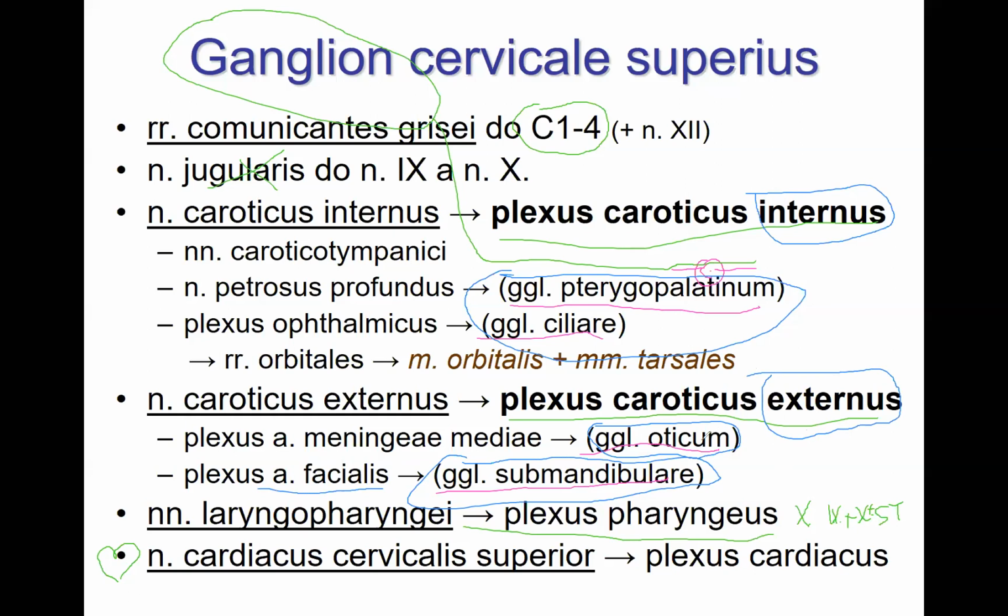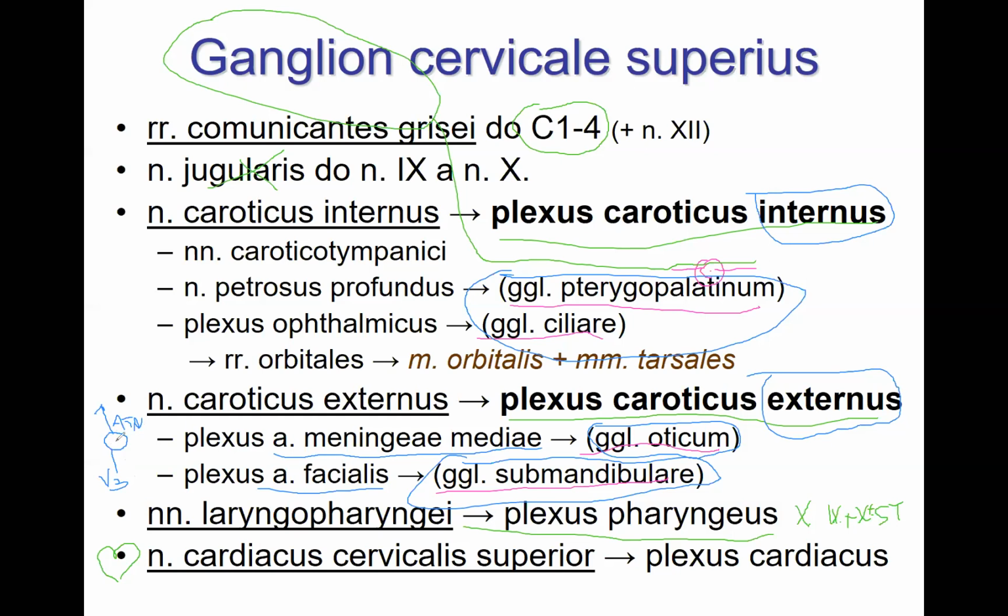Otic ganglion: another nerve within this area is the auriculotemporal nerve, and the auriculotemporal nerve makes a loop around the middle meningeal artery. So this is the auriculotemporal nerve, a branch from the mandibular, sorry for that.